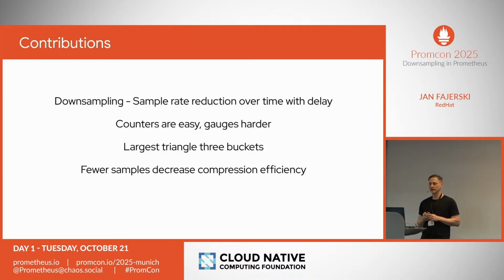And definitely one thing that's pretty obvious already is that fewer samples decrease the compression efficiency. So the more you downsample, the lower your return on storage savings is going to be. Not to mention that the index overhead should really not change if you only reduce your sample rate.